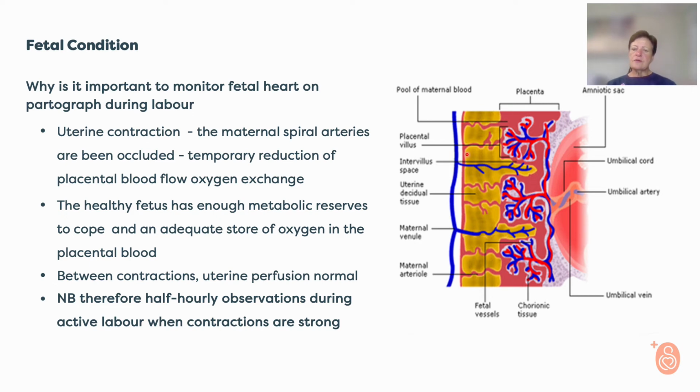For those of you who have done the CTG course, we have said that the moment the uterus starts contracting, the spiral arteries from the mother that go into the intervillous spaces and surround the villi with oxygenated blood from the mother are compressed during a contraction.